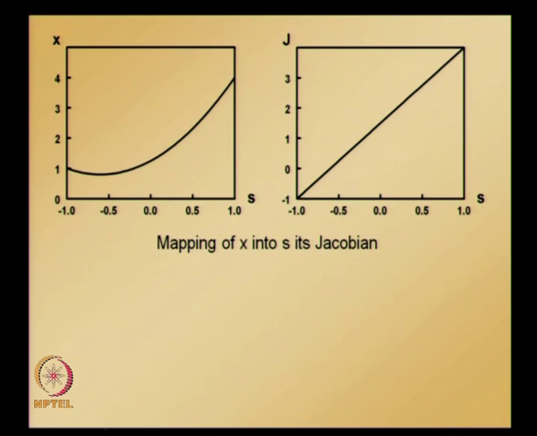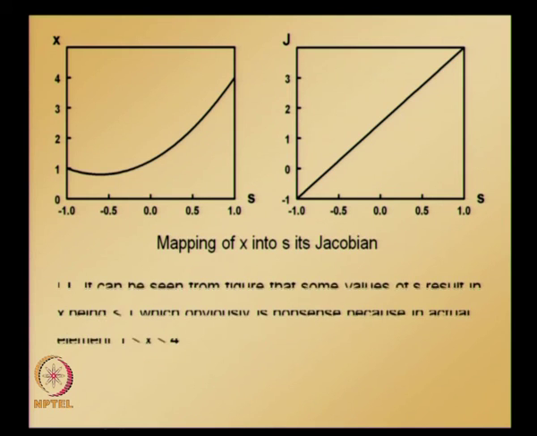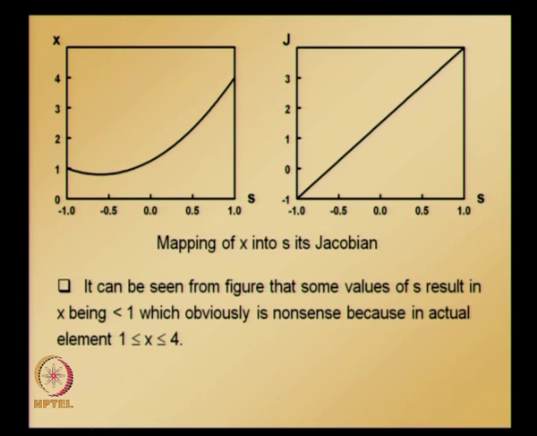It can be seen from the figure here that some values of s result in x being less than 1, which is obviously nonsense because the actual element is between x equal to 1 and 4.